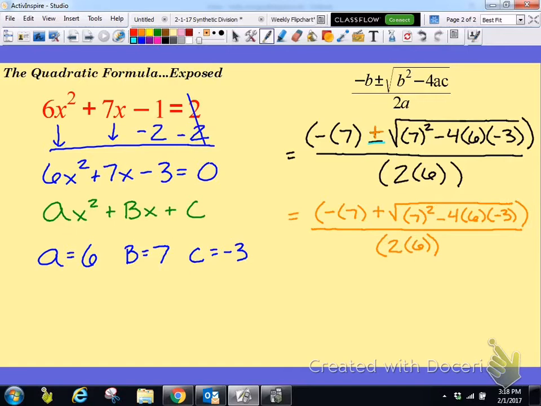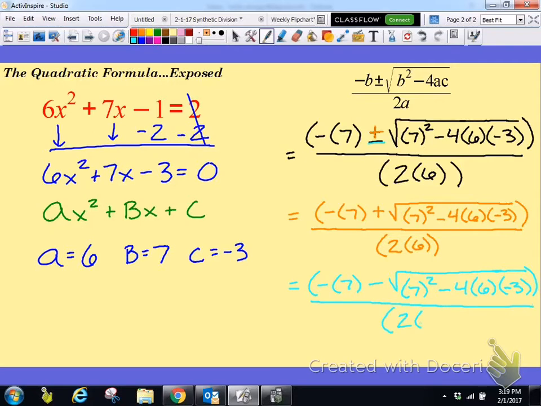The second time I write it, I'm going to write the exact same thing, except I'm going to use my minus sign. So open parenthesis, negative 7, minus the square root of 7 squared, minus 4 times 6 times negative 3, close off the top, all over, open parenthesis, 2 times 6, close, close.